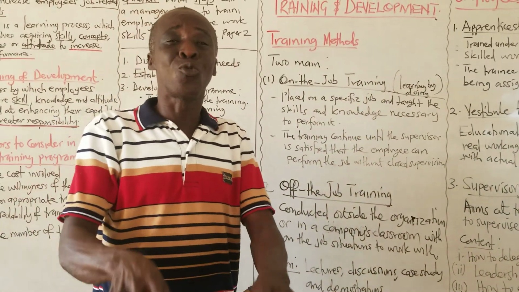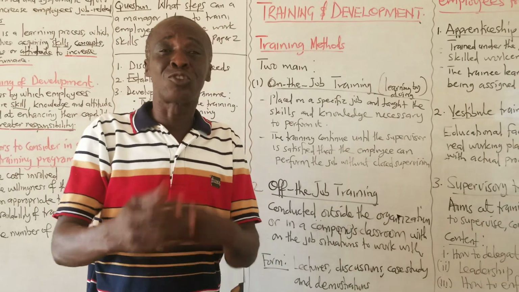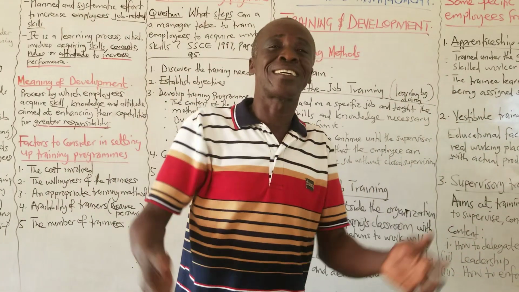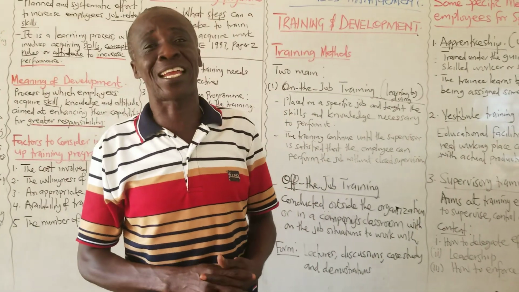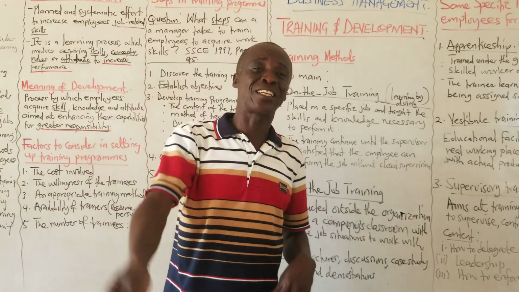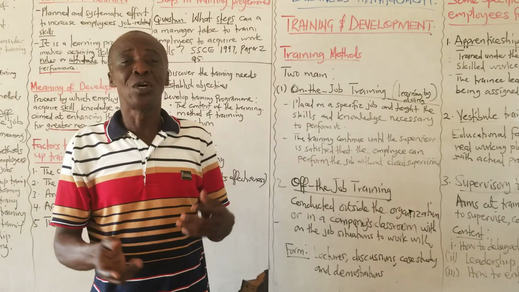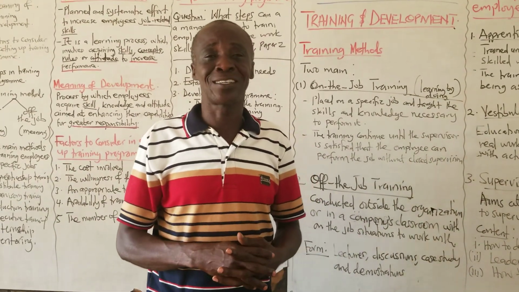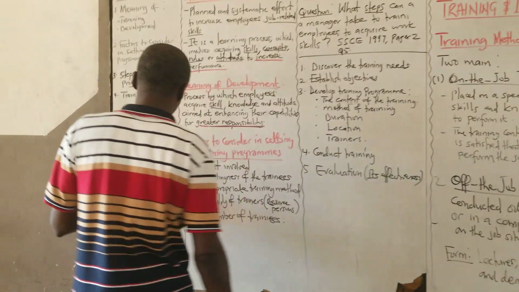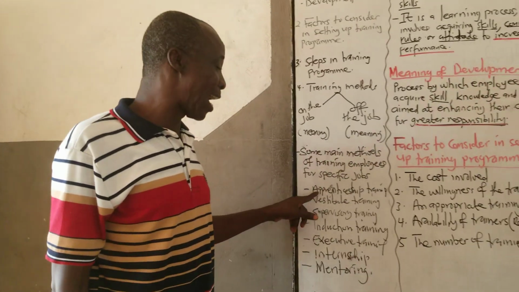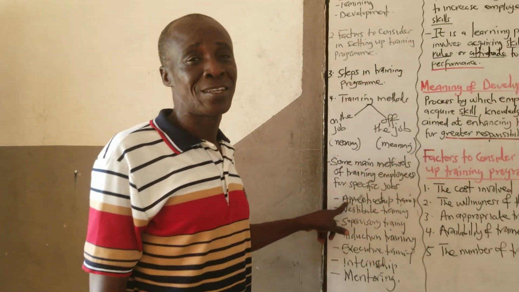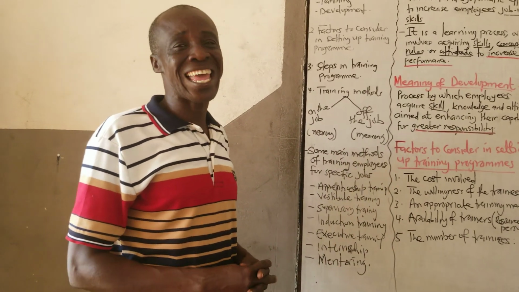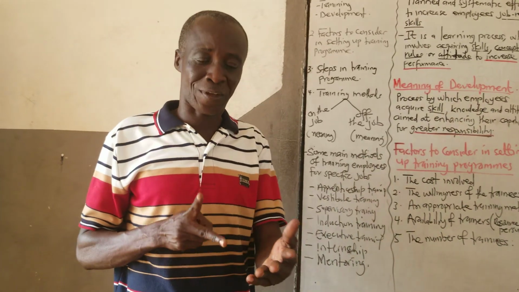Whilst you were working, whilst you were doing the thing, there would be a trained and experienced supervisor there who may be guiding and coaching you, and through that you can acquire the skills. That is why we are looking at apprenticeship here, because you all know it. If somebody is an apprentice, the person learns, the person acquires the skills of cutting.